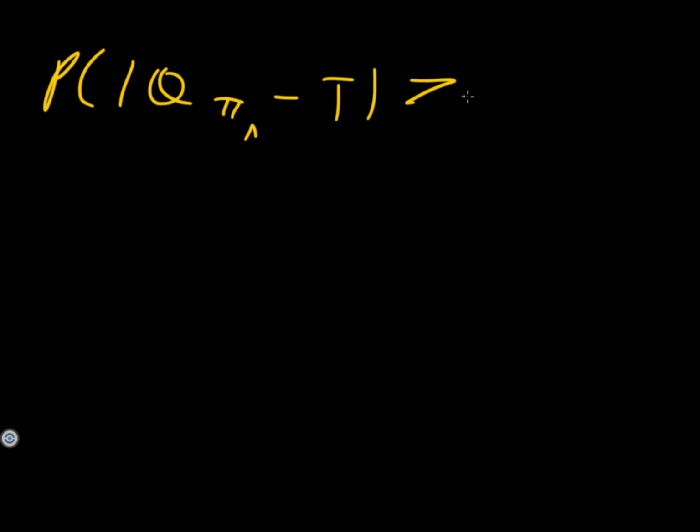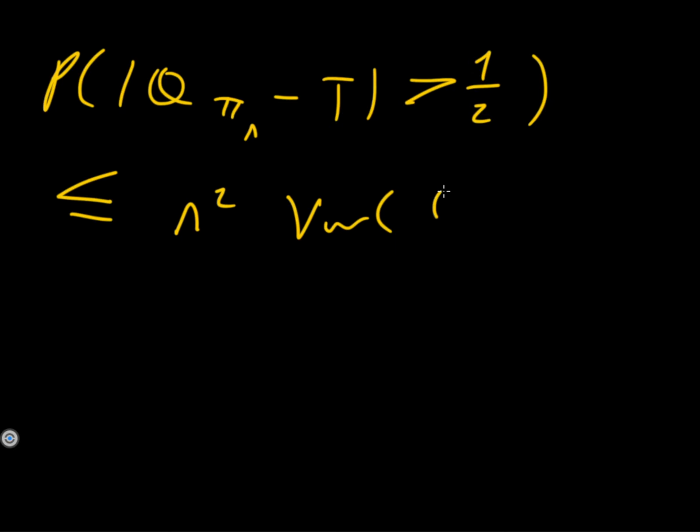Now, these two are pretty easy to find, so you can just work it out yourself. But through these two, I will construct a Chebyshev lemma. I can't exactly pronounce it, but yeah. So if we construct our lemma, the probability is going to be smaller or equal to 1 over n squared of the variance of Q pi n.